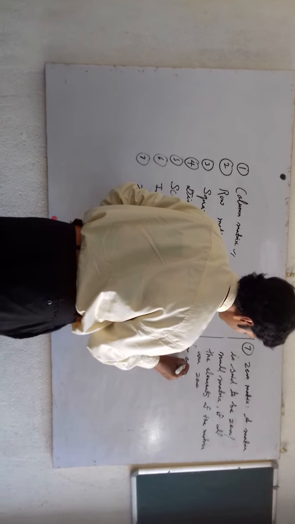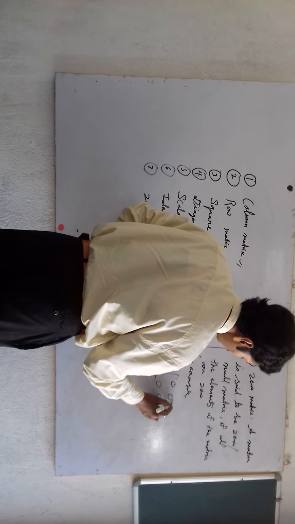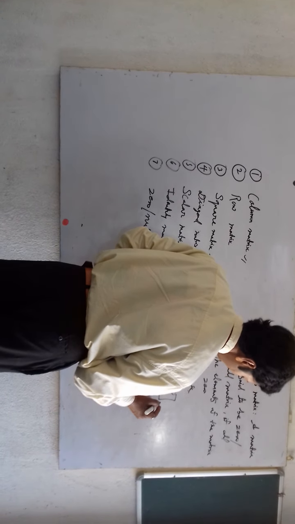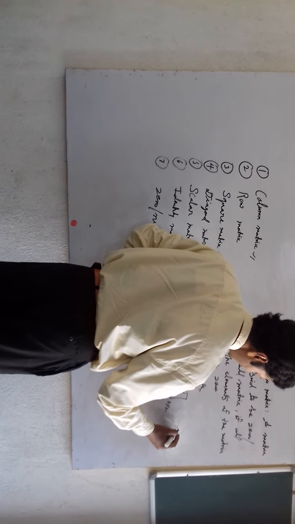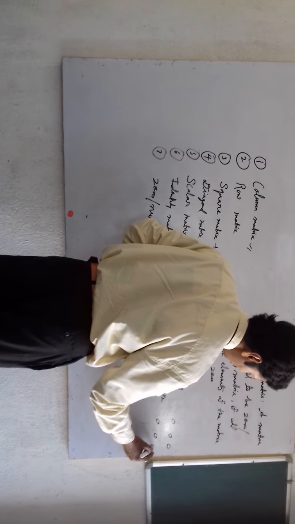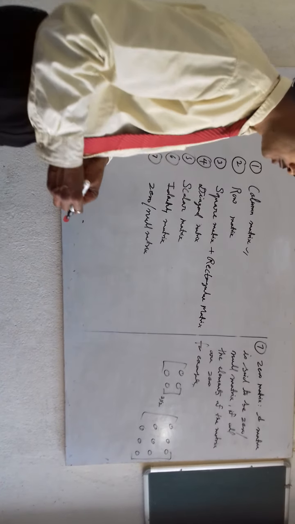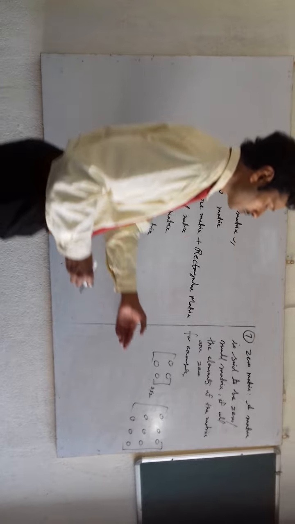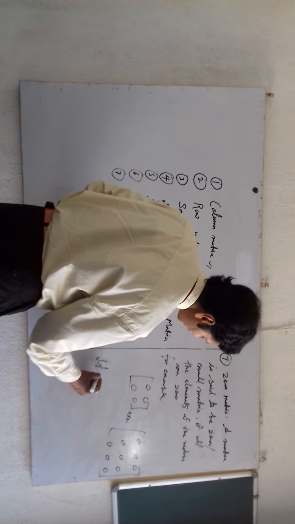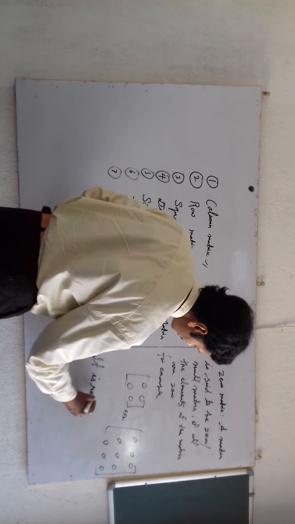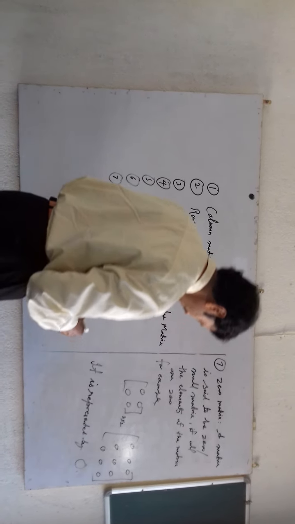For example, you can see 0, 0, 0, 0, which has the order 2 into 2. Next matrix: 0, 0, 0, 0, 0, 0, 0, 0, 0. Since all the elements of this matrix are 0, it is called the zero or null matrix. It is represented by 0.